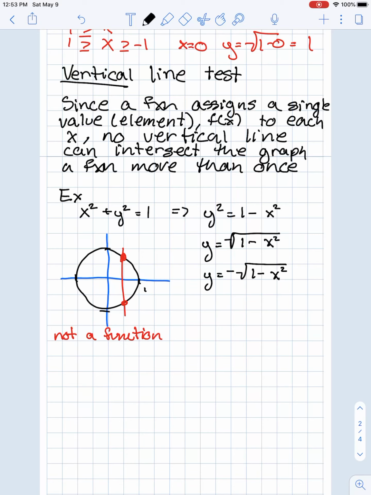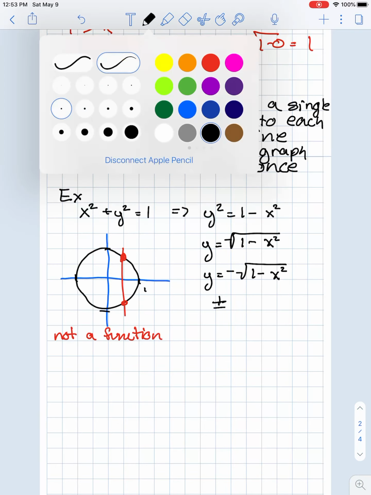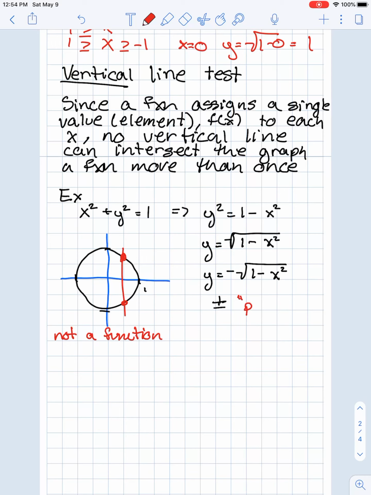Sometimes we write this as a plus or minus. So something like this, we say plus or minus.